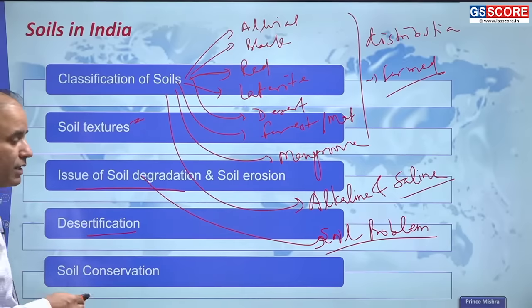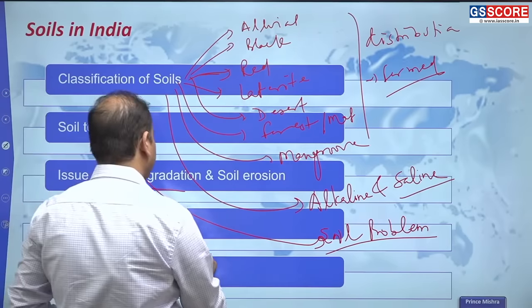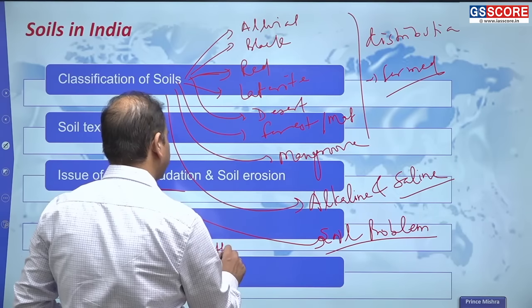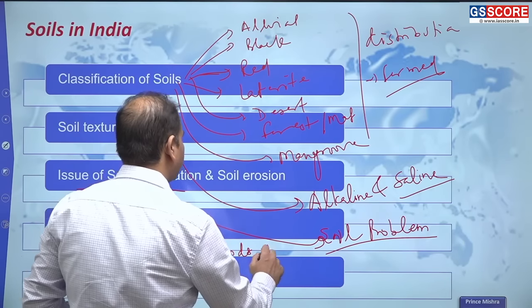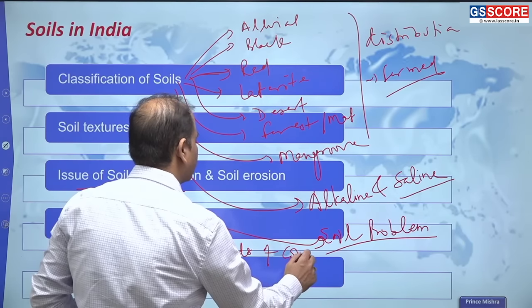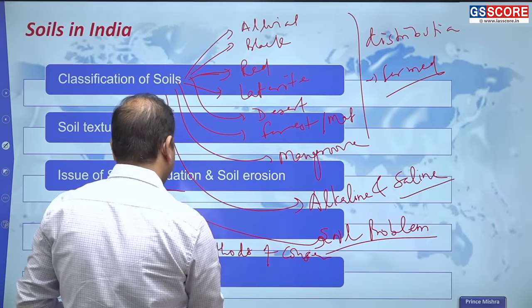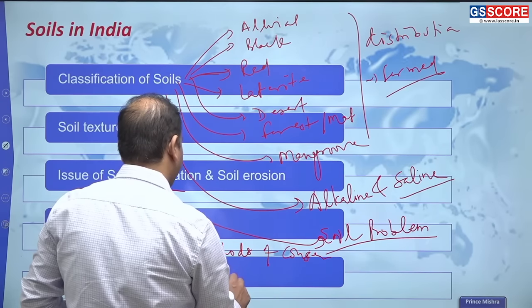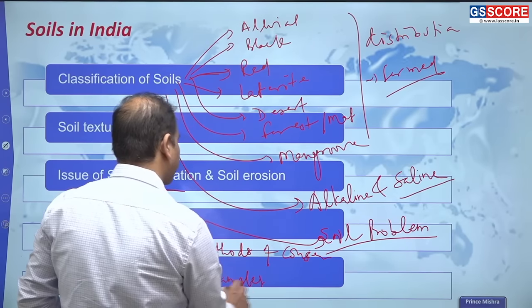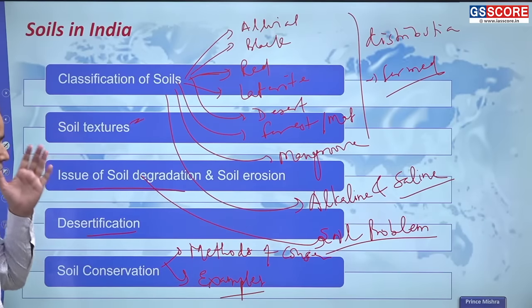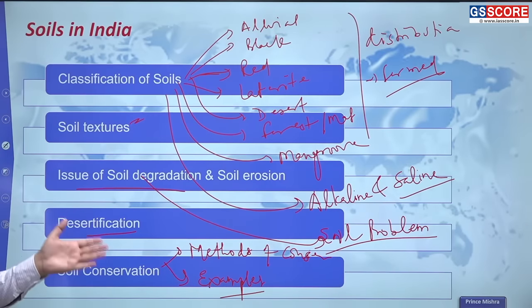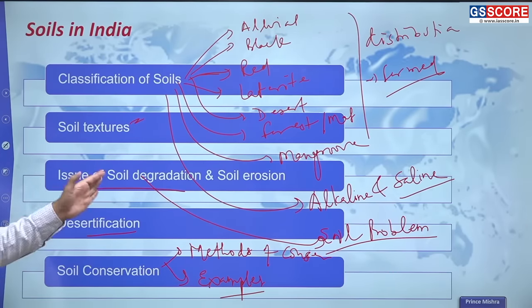So, soil conservation. What are the different methods of conservation we have, and in which area are we using those methods? So, methods of conservation, the different types of conservation, and then the area where we are using them.